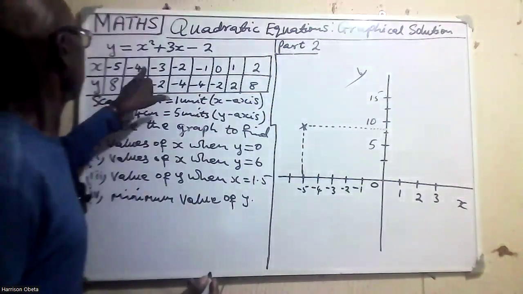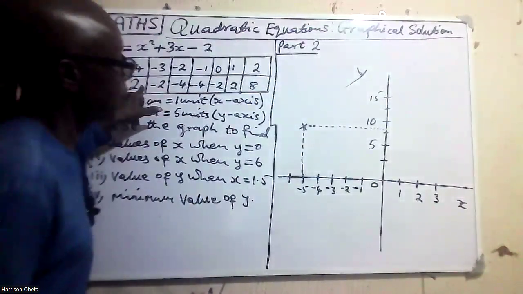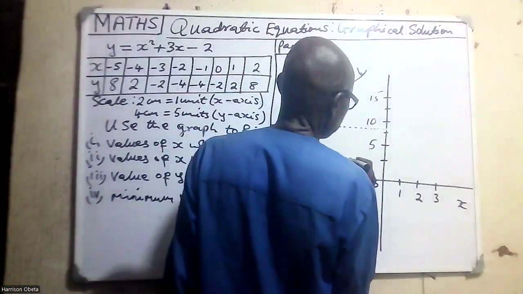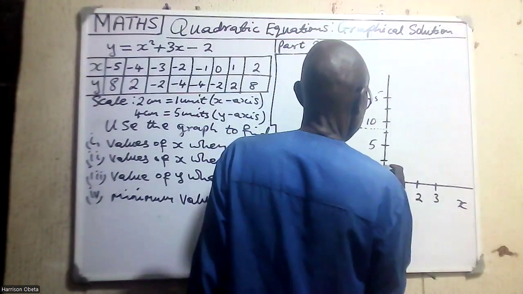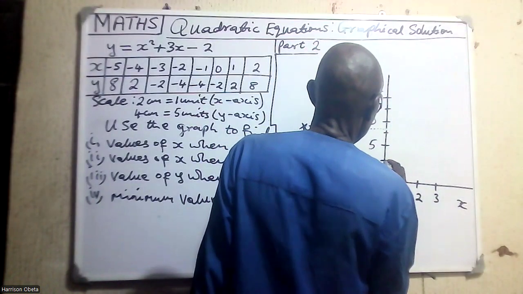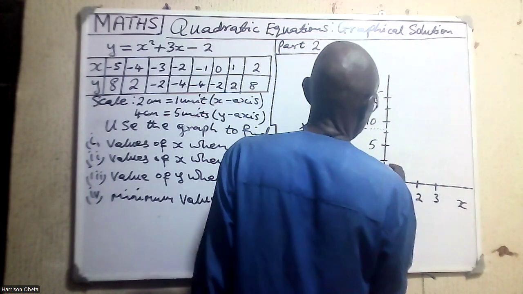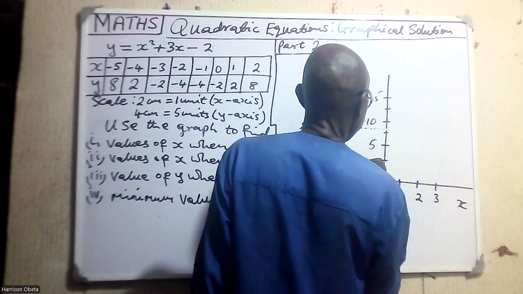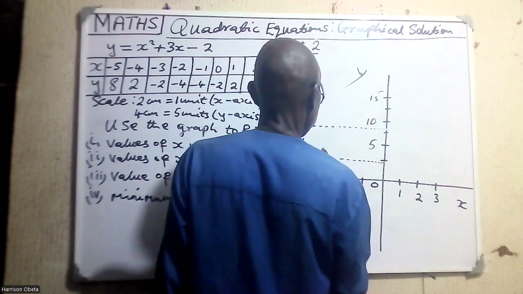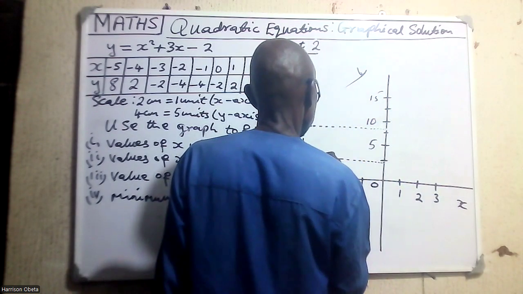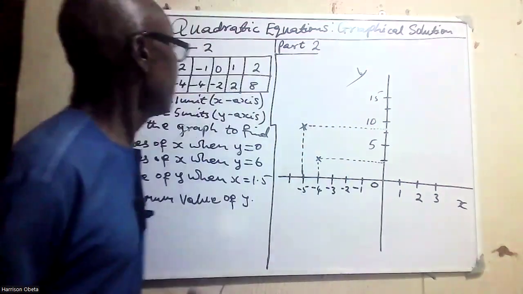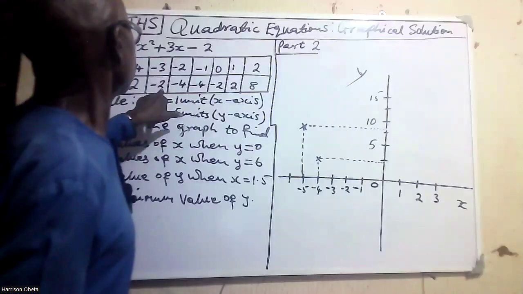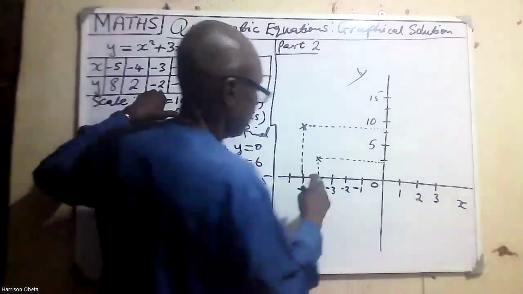So let's move on. Minus 4 for x is 2 for y. That 2 should be 8 small boxes. So let's take it to be here. Then minus 3 is minus 2.